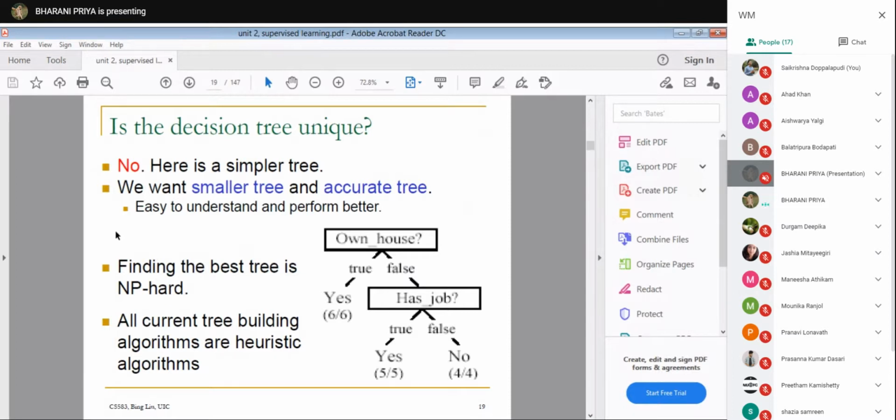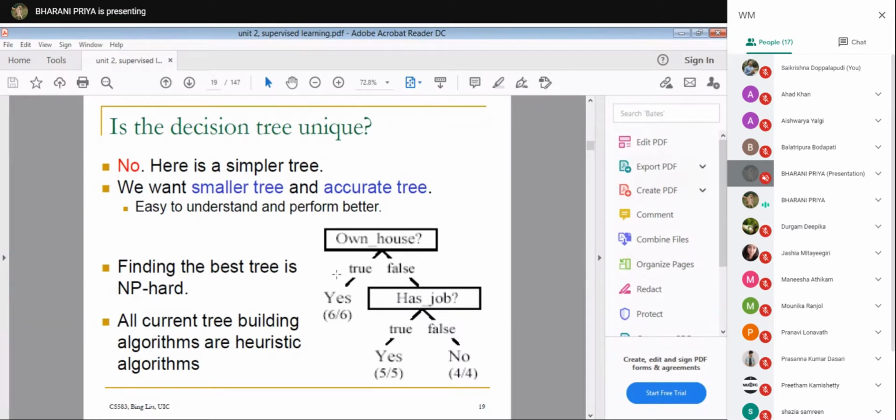When you write two or more algorithms, the association rules should be the same. But in this case, different algorithms yield different decision trees. And when you see the resultant tree, the tree should be smaller and accurate.